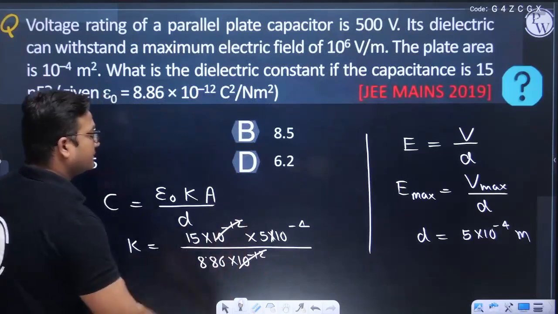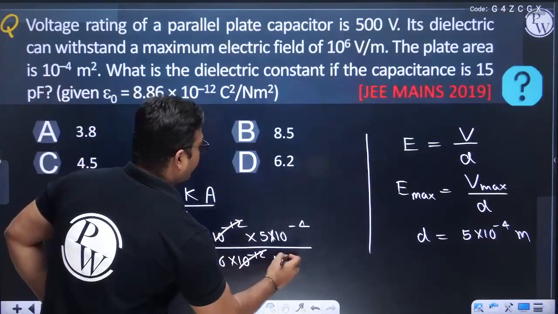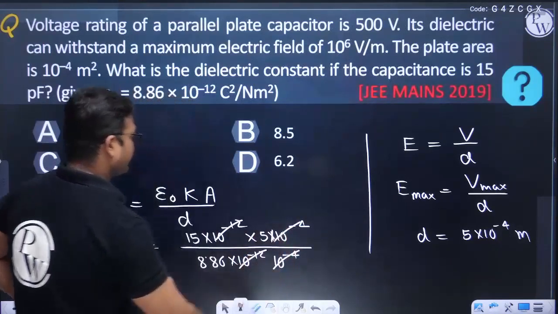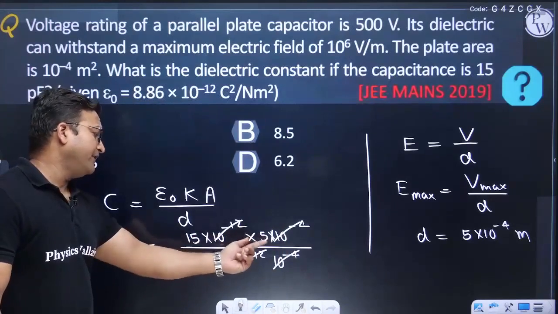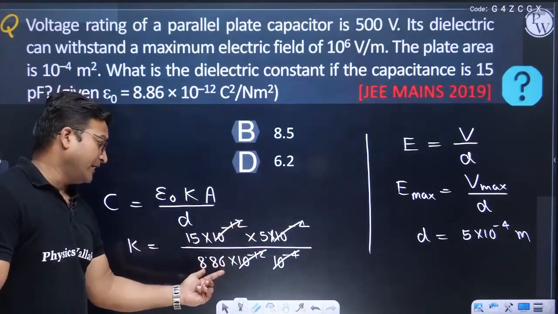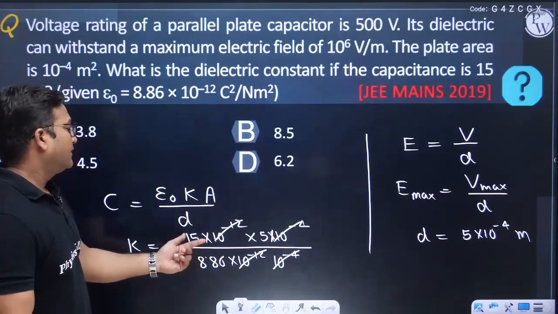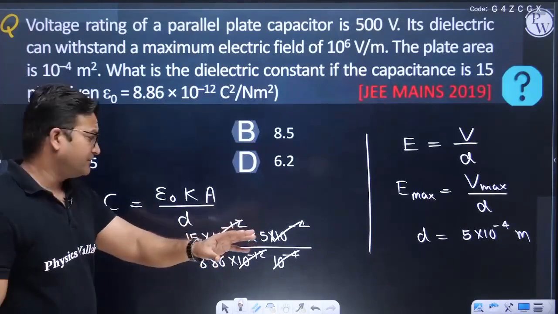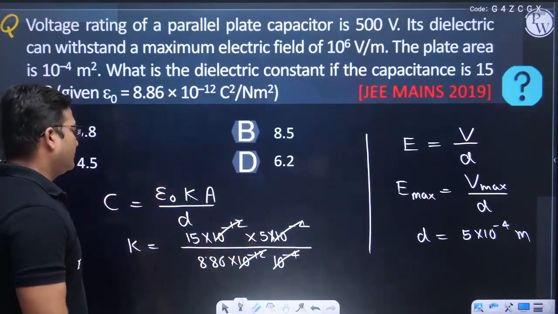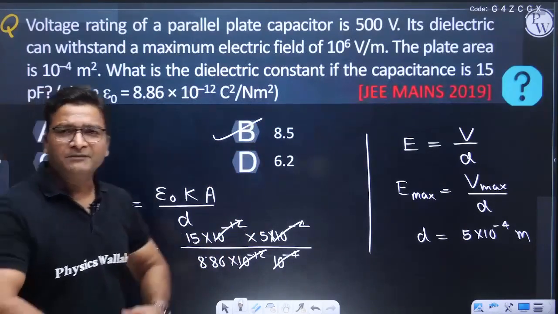So these two got cancelled. And area is 10 to the power minus 4 and minus 4. So these two also got cancelled. So we have nearly 15 times 5, that is 75, divided by nearly 9. So if you make some calculations, 75 by 9 is roughly 8 point something. So the correct option should be B. Okay, that can be easily guessed.